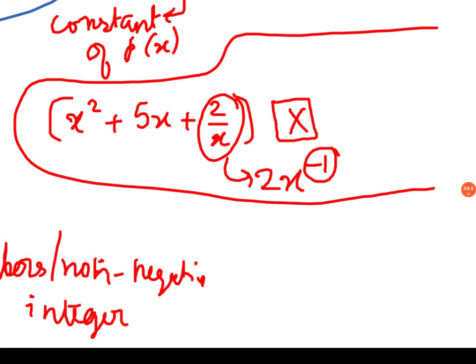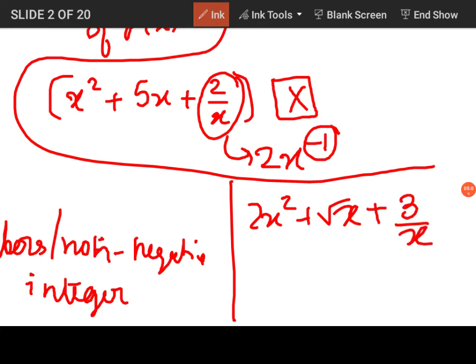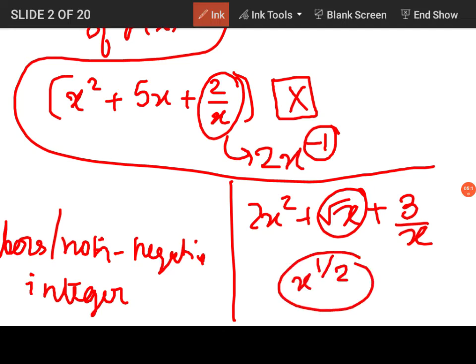Similarly, another example, say 2x square plus root of x plus 3 upon x. Is this a polynomial? This is definitely not a polynomial. Why? See, root of x can be written as x raised to the power half. I'm sure all of you know this. Since this is half, and n has to be an integer, by looking at this term only, we can say that this is not a polynomial.